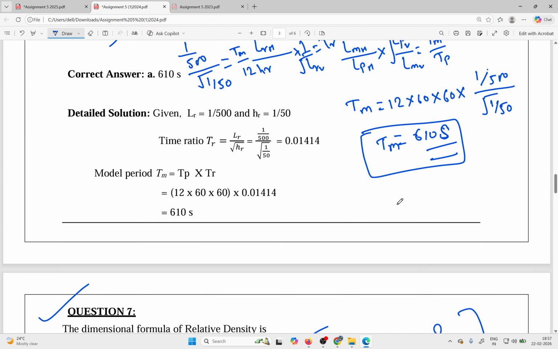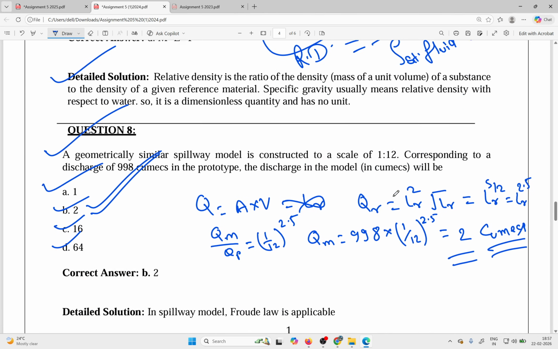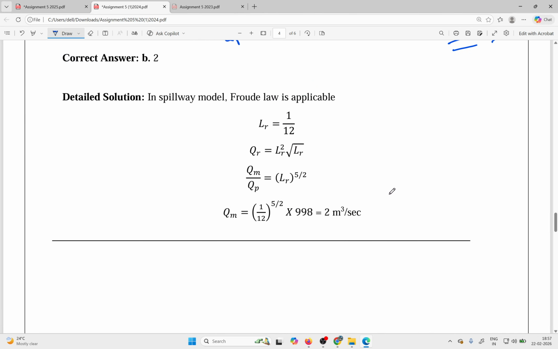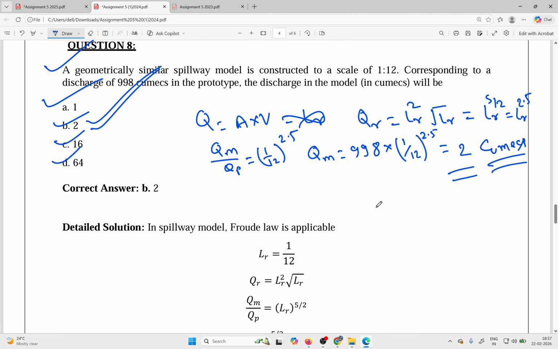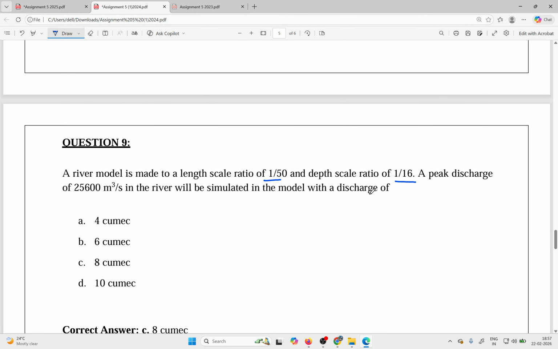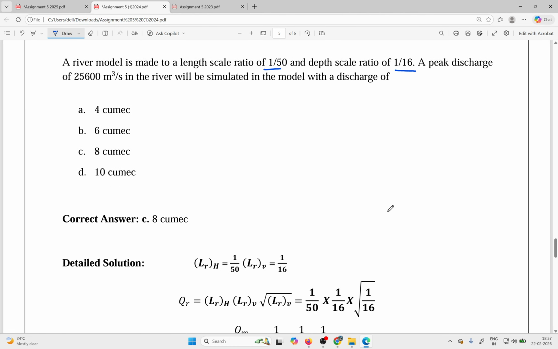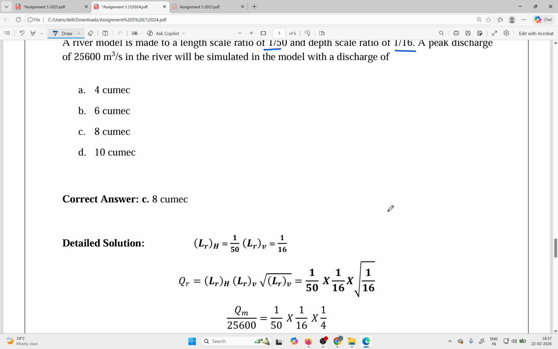So similarly here you can write very easily for question number 9.